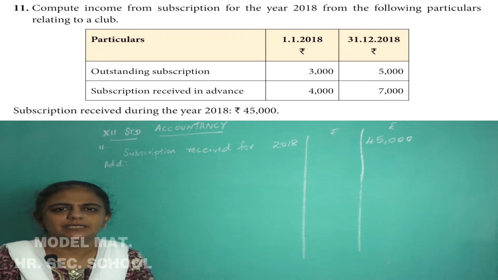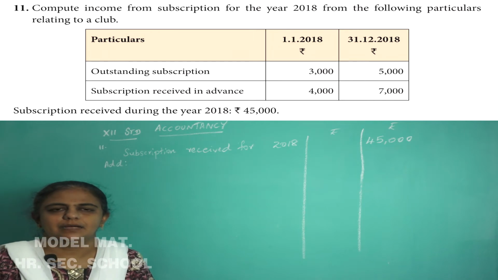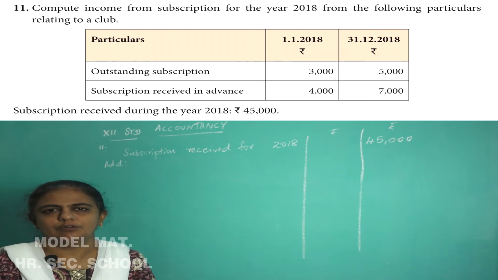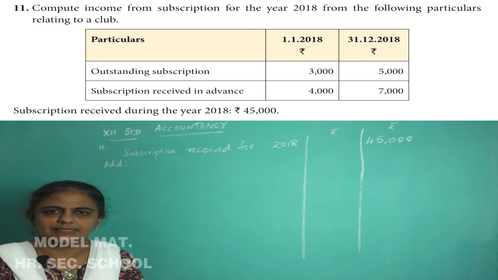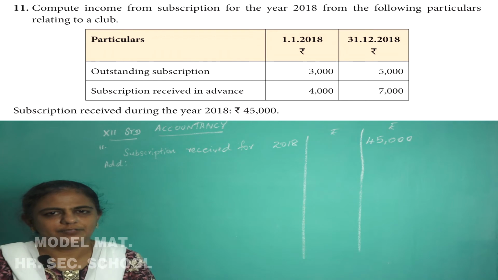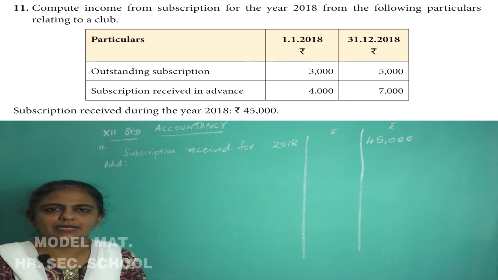Now we'll see what are the things to be added. Outstanding subscription 3000 at the beginning of the year. That means it is outstanding for the previous year, that is not for this year. So that should be subtracted. The 3000 rupees should be subtracted. Next, subscription received in advance at the beginning of the year, 4000. What we have to do? It's received in advance at the beginning of the year.